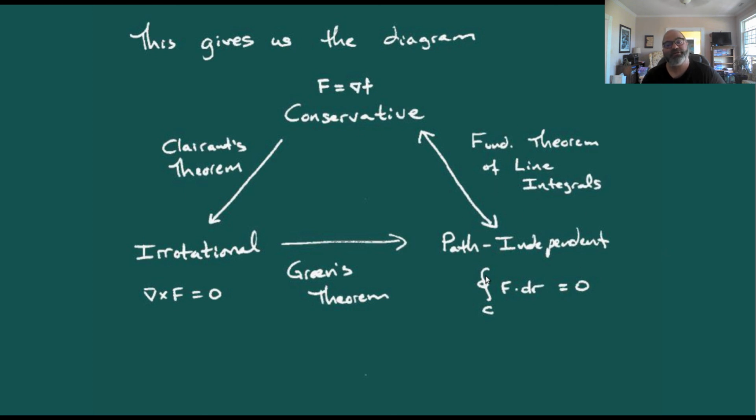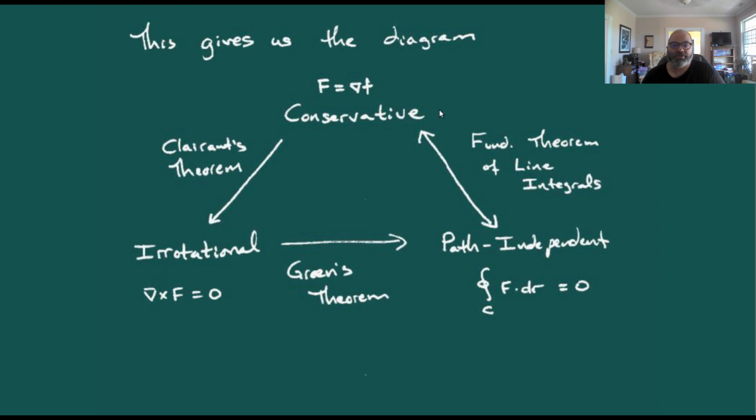Path independence really just means that the line integral, if we put a little circle around our line integral, that's a notation saying that we're integrating over a loop. So the circle around the integral sign just means that my curve is going to be a loop. So the integral over loops is going to be 0. If we were conservative, Clairaut's theorem tells us that we're irrotational, and so the curl of our vector field was going to be 0.